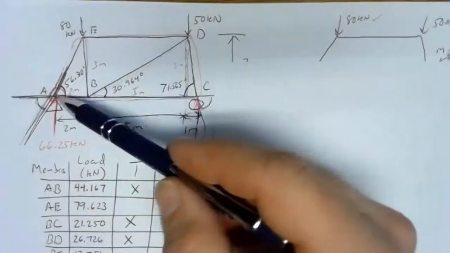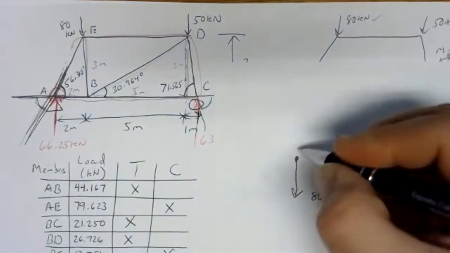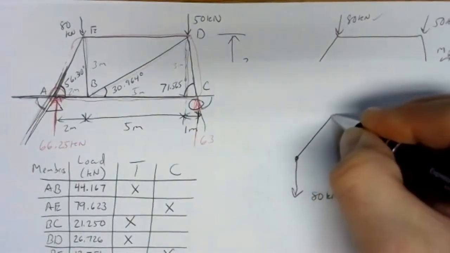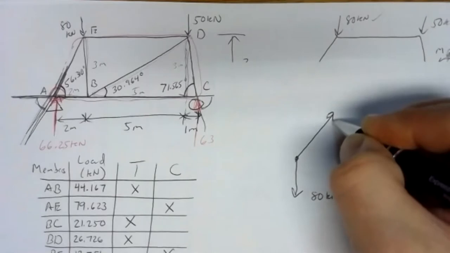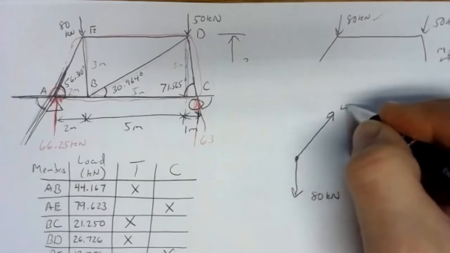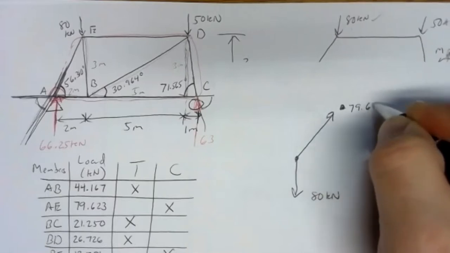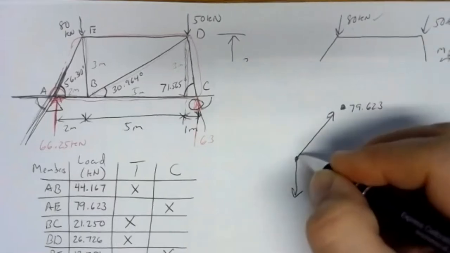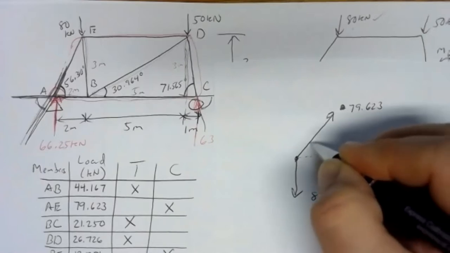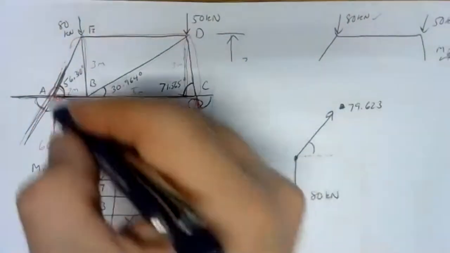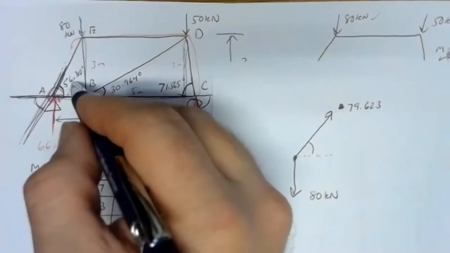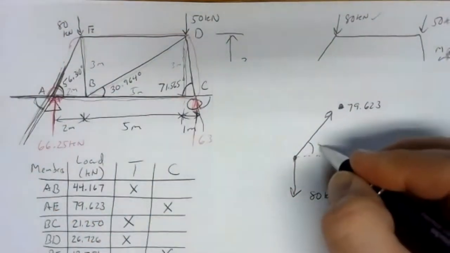And in compression, the joints are pushed outward. So joint E is going to feel a force like that, and it's going to feel a force of 79.623 kilonewtons. And we'll also have an angle here. Now that angle is the same as the angle down here, 56.310 degrees.